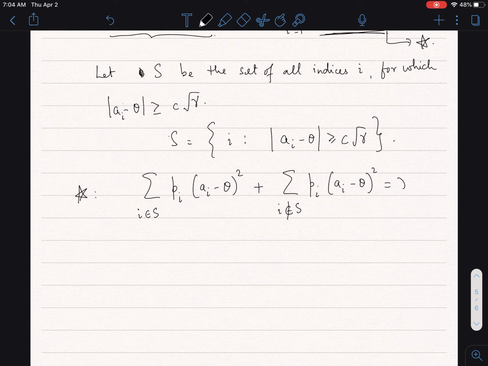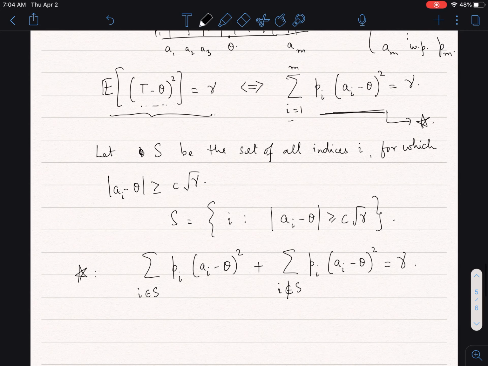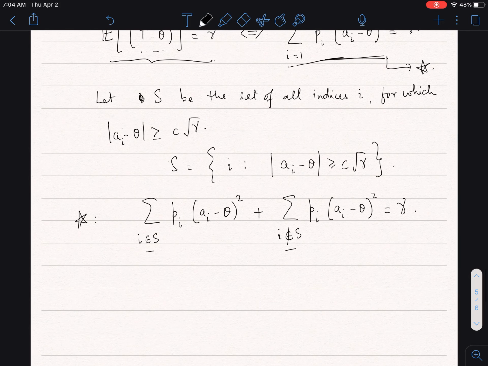This we know is equal to gamma. Okay, so this is very simple. It is just the definition, because in star the summation went over all indices. I am splitting the indices into those in S and those not in S. So this fact really holds.